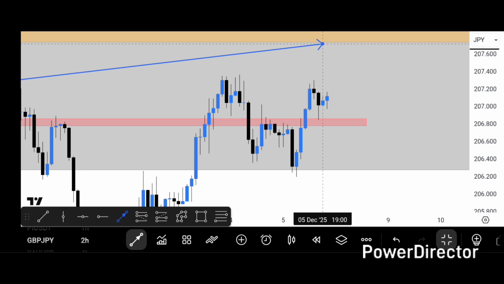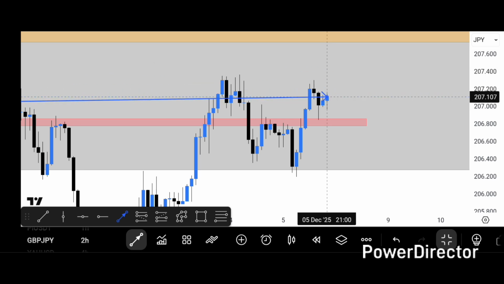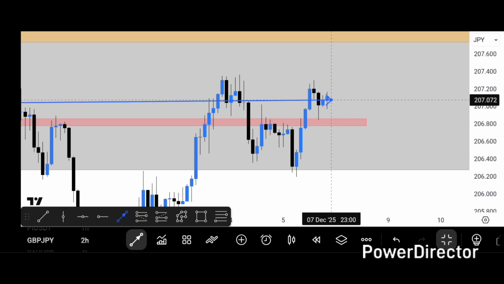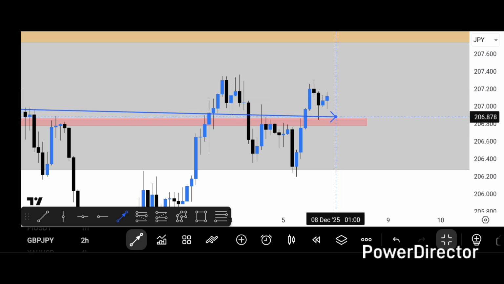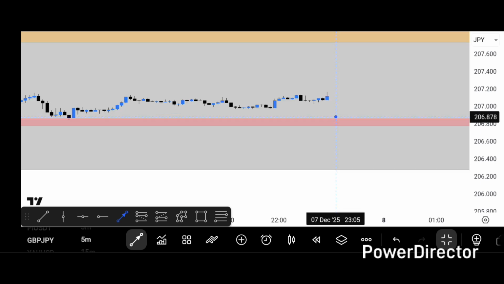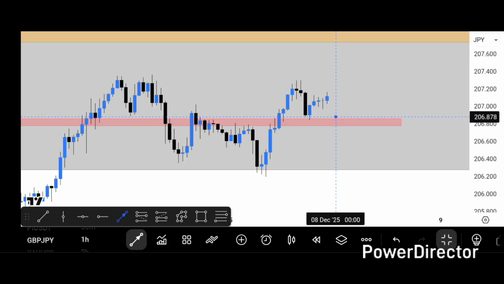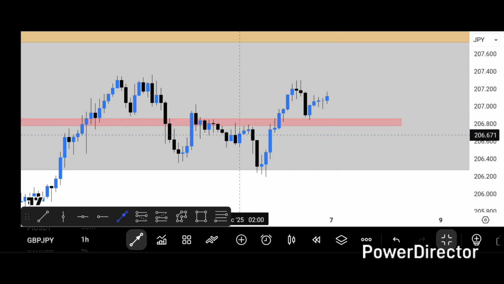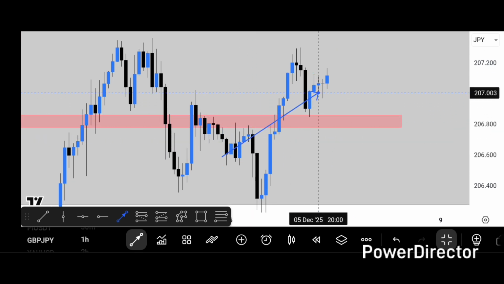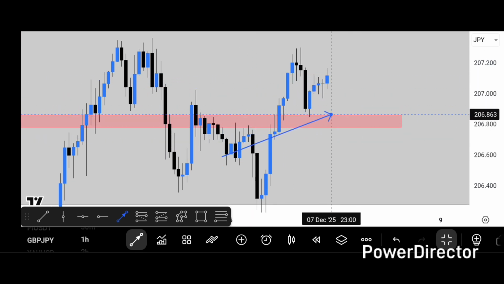But potentially I'm looking forward to price making a double bottom. Yeah, a double bottom on this zone here. You can go to a lower time frame, maybe the 1 hour or 30 minutes time frame, to wait for that double bottom. So what we wait for is potentially price to drop down here to this structure point and reject off this zone.